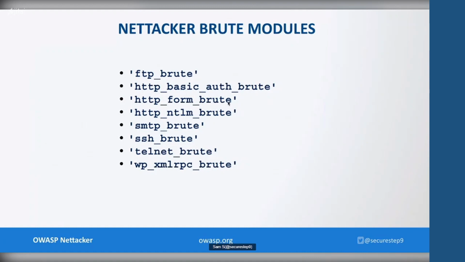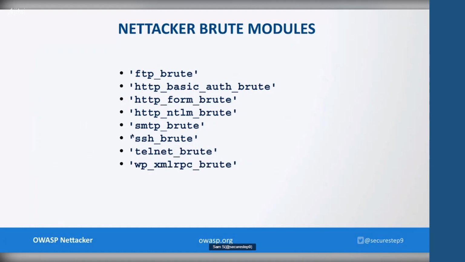Nettacker will find any pages which have, well, if on the main page of the website you have a form with a username and password on it, that's what you use to brute force. There's also HTTP NTLM brute forcing, and brute force SMTP protocol. So if you have a mail service, SMTP service, Nettacker can try all sorts of username and password combinations to find the one which works.